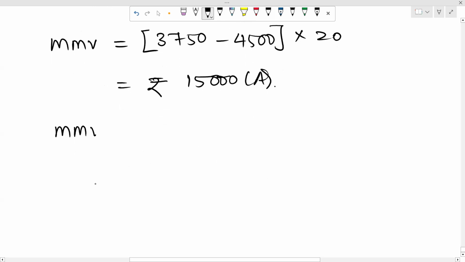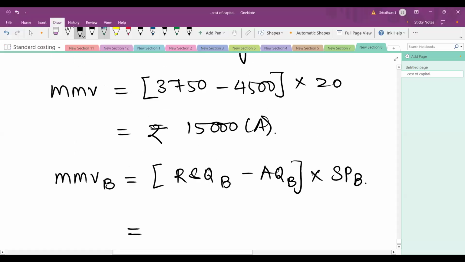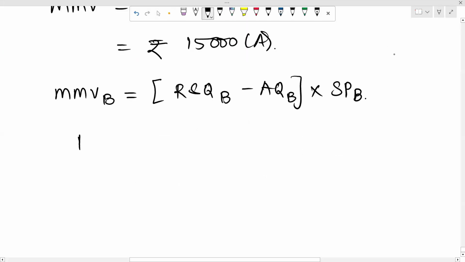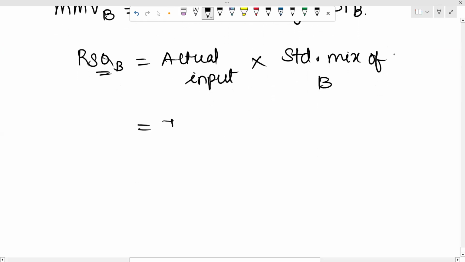Similarly, material mix variance for raw material B. The formula is revised standard quantity of B minus actual quantity of B into the standard price of raw material B. First, let's calculate the revised standard quantity of raw material B. Revised standard quantity of raw material B is equal to actual input into standard mix of raw material B. Actual input, we already know, is 7,500 kg, and standard mix of raw material B is only 30%.